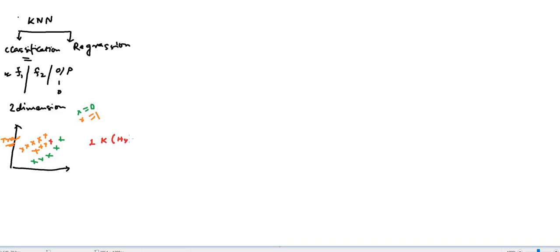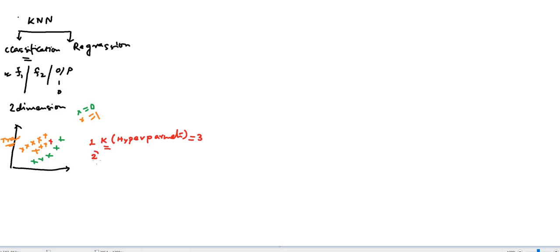And k is a hyperparameter. In the practical example, we will show you how to identify this hyperparameter using grid search CV. But for the time being, let's consider the k value is 3.